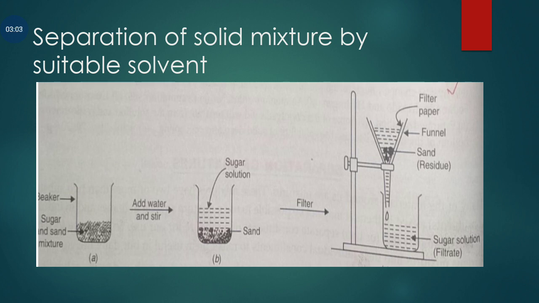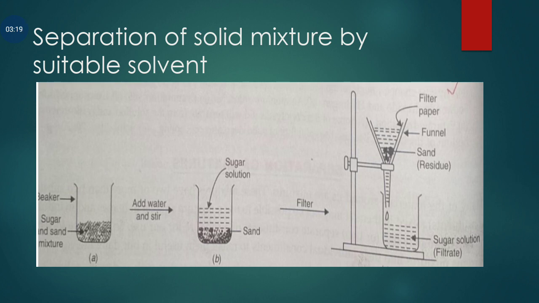And then what do we do? We do a process of filtration in which there is a funnel in which we place a filter paper and pass the mixture of sand and sugar in water through that filter paper.